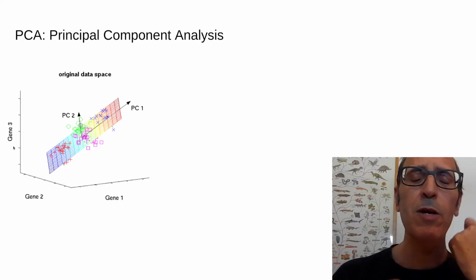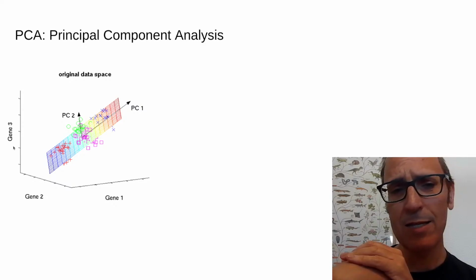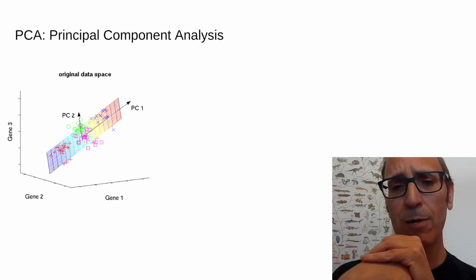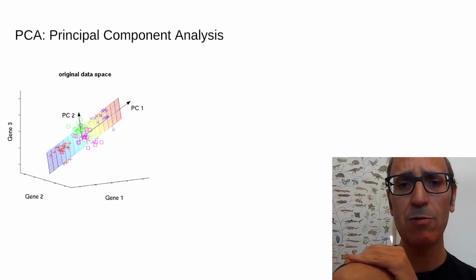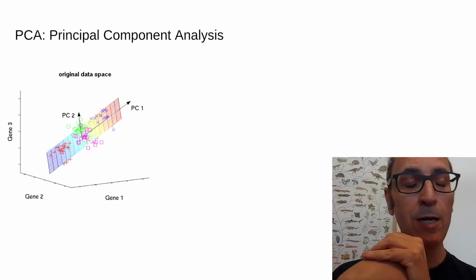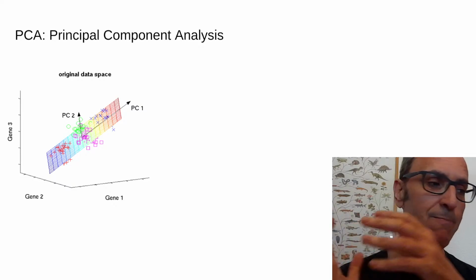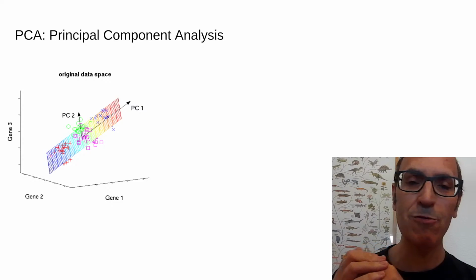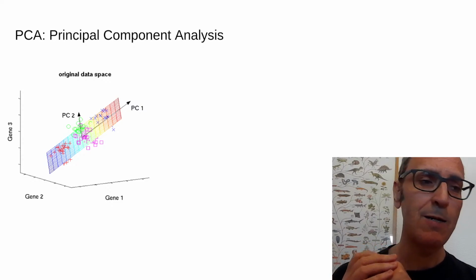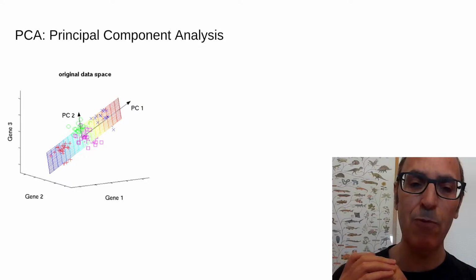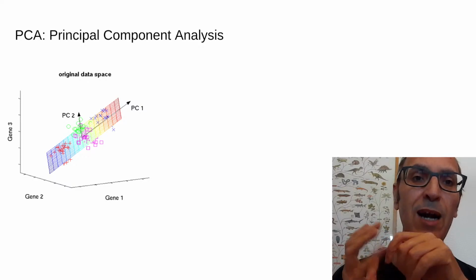But now, instead of representing this in 3 dimensions, we want them in 2 dimensions. Why? Because it's easier for us to see 2 dimensions. And also because usually we won't have 3 markers. We will have, I don't know, 10,000 markers or 500,000 markers.